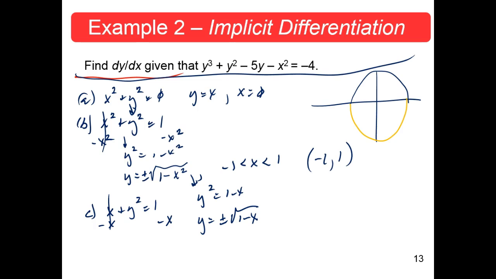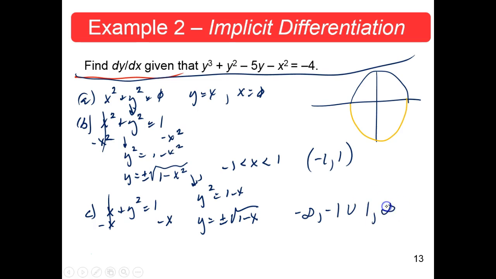The domain is negative infinity to negative 1, then the little weird u, and then 1 to infinity.